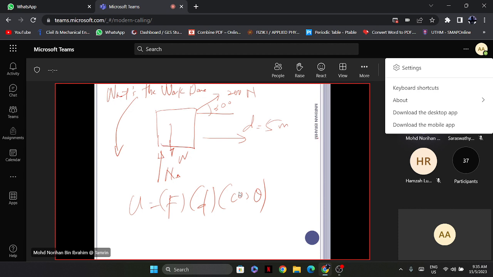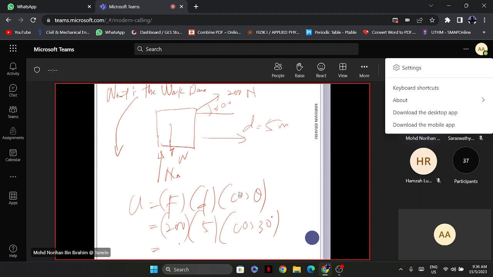U is equal to F D cos theta. So in this case, U is equal to F adalah 200, D dia adalah 5 meter, cos theta in this case is equal to 30 degree. Okay.